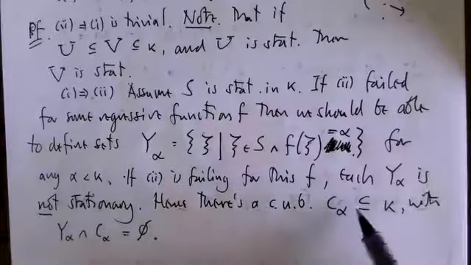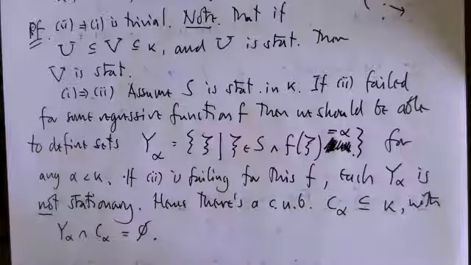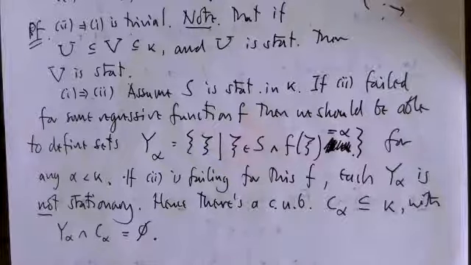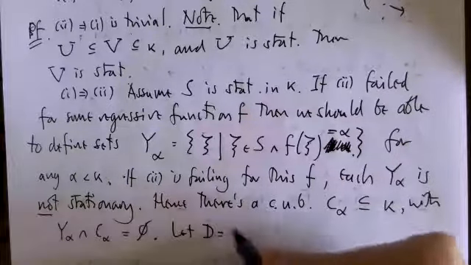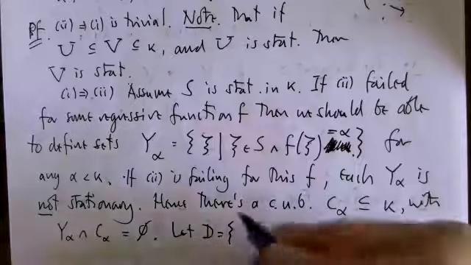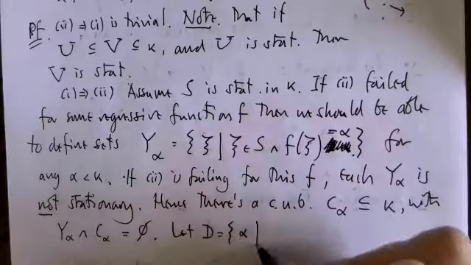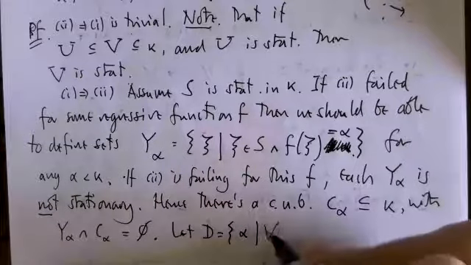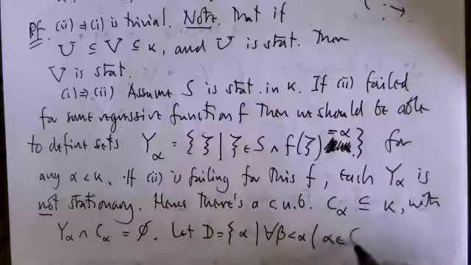So what have I got? I've defined a kappa long sequence of CUB sets. So now I can deploy that definition of diagonal intersection here. So let D be those alpha such that for all beta less than alpha, alpha is in C beta.